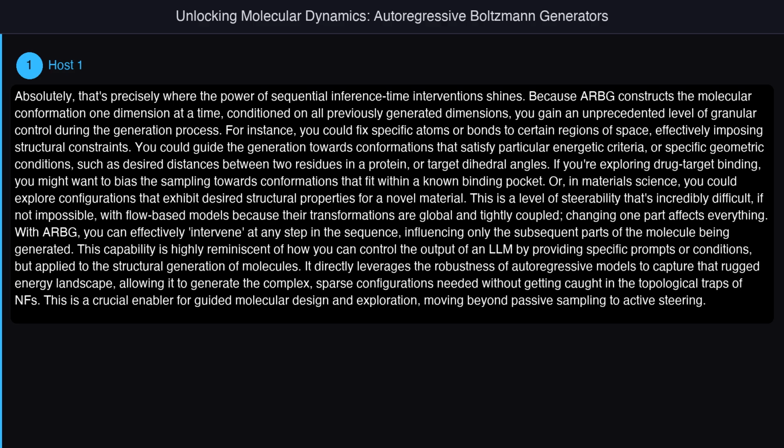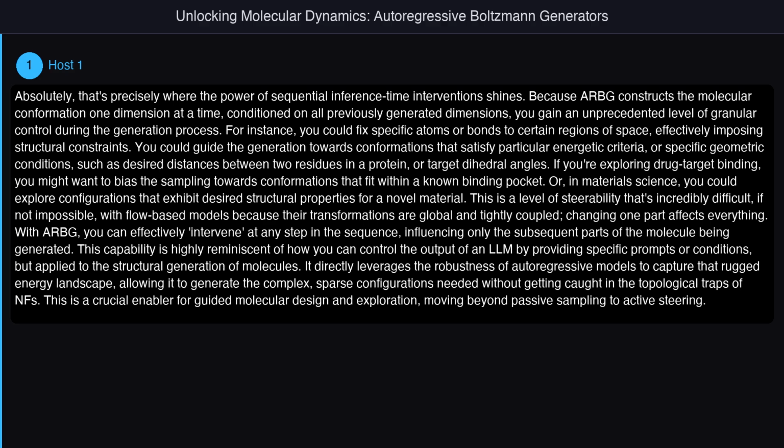You could guide the generation towards conformations that satisfy particular energetic criteria or specific geometric conditions, such as desired distances between two residues in a protein or target dihedral angles. If you're exploring drug-target binding, you might want to bias the sampling towards conformations that fit within a known binding pocket. Or, in materials science, you could explore configurations that exhibit desired structural properties for a novel material.